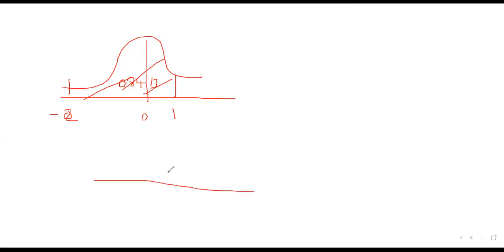Suppose I told you that the area from here to here is 2%. What is the remainder here? 98%, correct. Because the total must add up to what? 100.